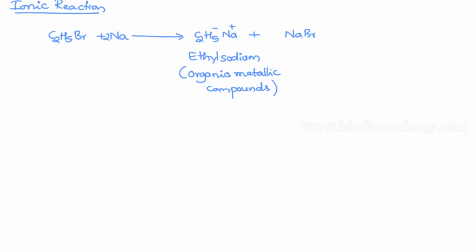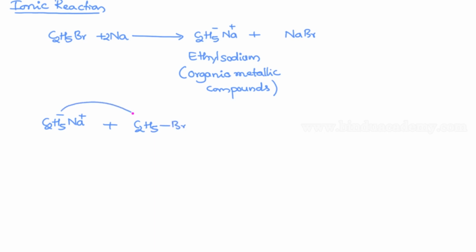In the next step, we can use here C2H5 minus and Na plus. Now it is a salt, it is easily soluble in water, and now we can get here C2H5Br is there here.